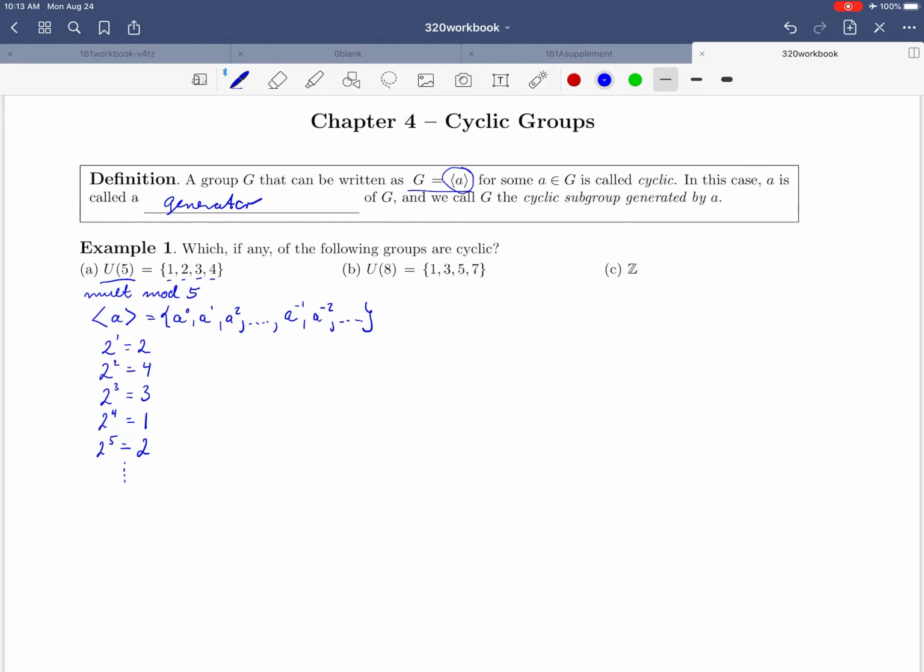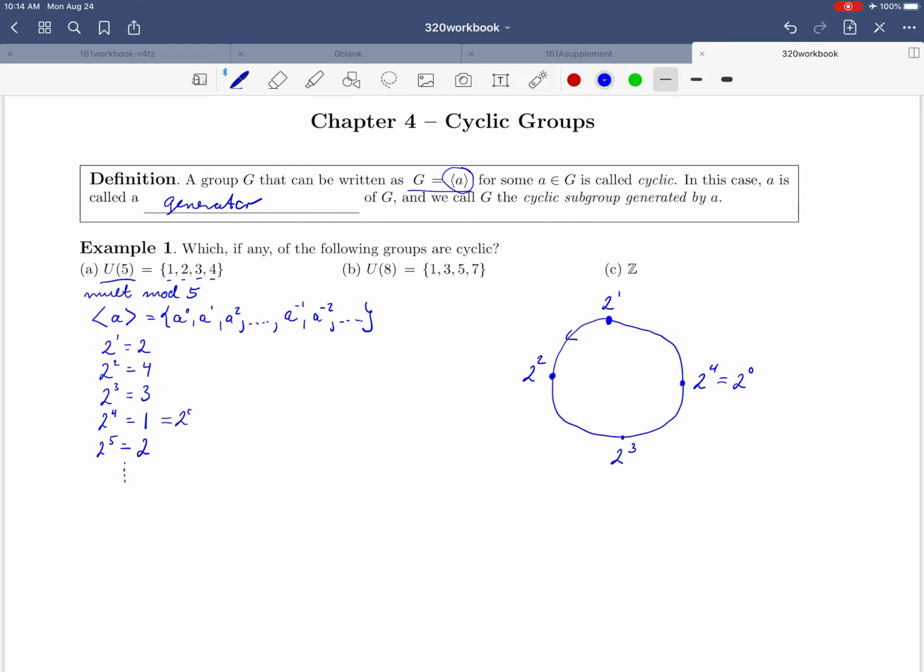There is a nice way to show this with a little diagram, the cycle structure of our group. We can make a little circle, and we have 2 to the 1 somewhere, and then 2 squared, and then 2 cubed, and then 2 to the 4th, which happens to be 1, which also happens to be 2 to the 0.